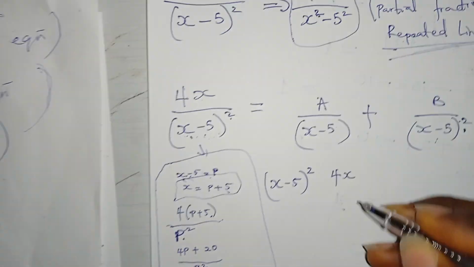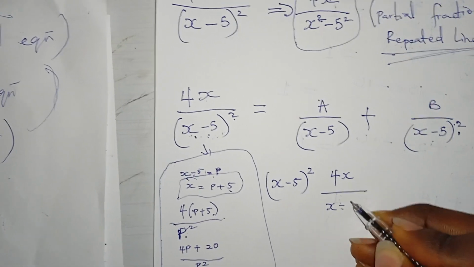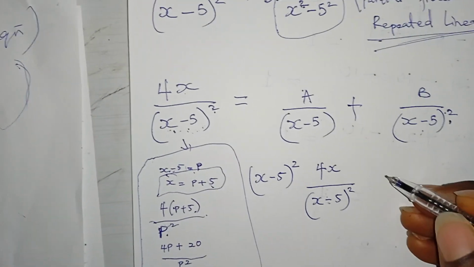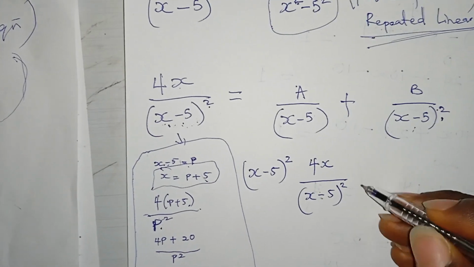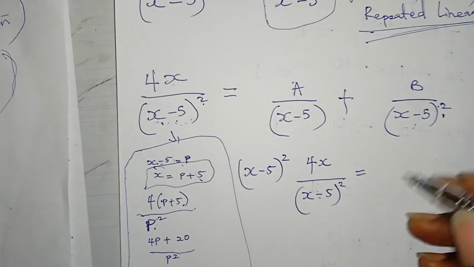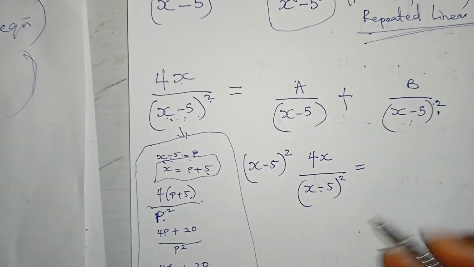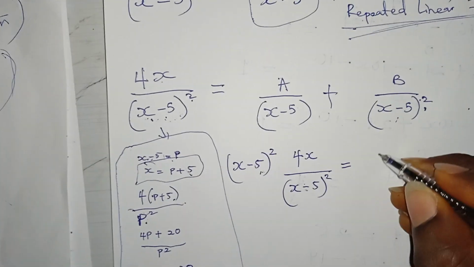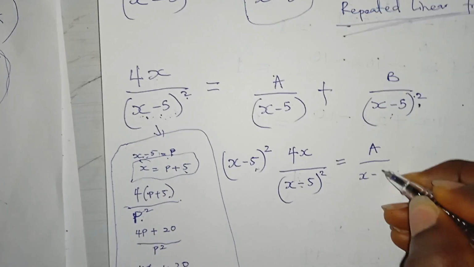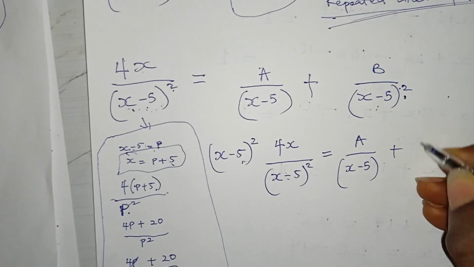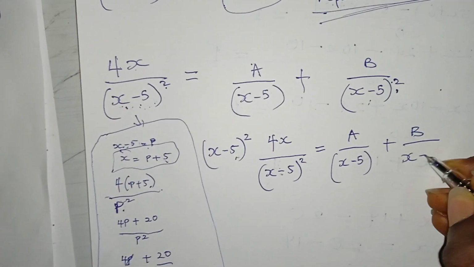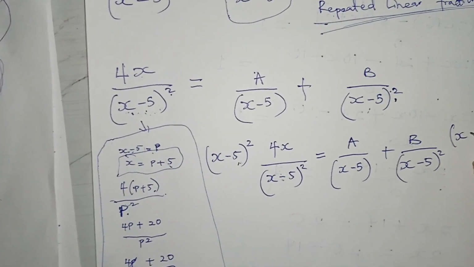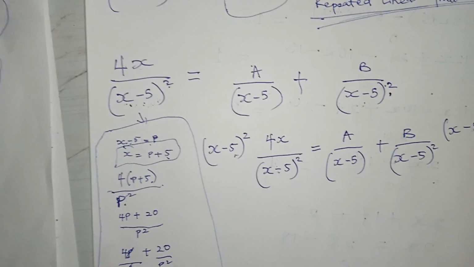So 4x all over (x minus 5) squared. This is the method of comparing coefficients we are using. Whenever you're using it, always multiply left and right hand side by the denominator on the left hand side, so that this becomes a over (x minus 5) plus b all over (x minus 5) squared, then into (x minus 5) squared.